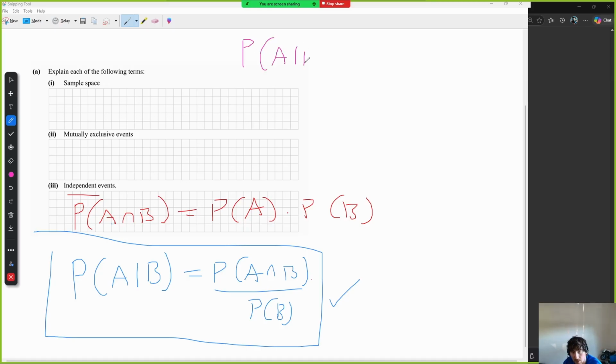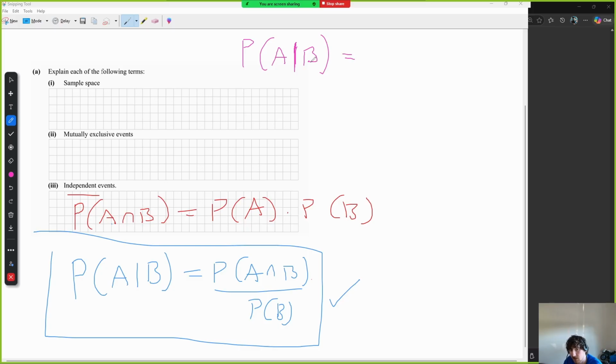If A and B are independent, in other words, A happening isn't affected by B happening, pause the video and tell me what you think the probability of A given B has occurred is if they're independent. So hopefully you realized if B occurs, A does not care. It does not affect A's chance of happening.